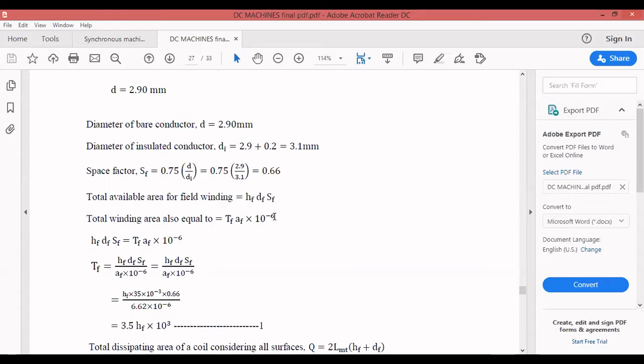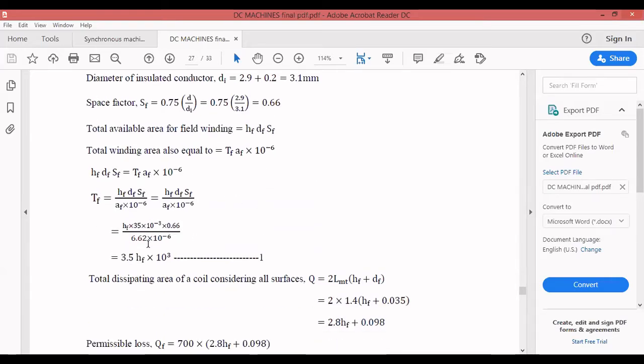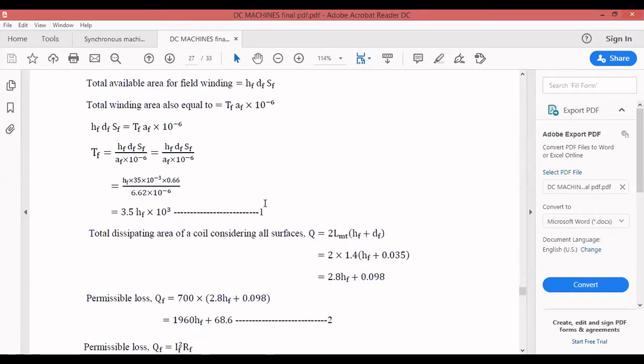Once again, you equate Hf Tf SF to Tf Af into 10 power minus 6. Then what do you calculate here? Tf is equal to 3.5. Substitute all the values here. Hf is not given, df is there. Depth is given as 35 mm, converted into meter. SF is 0.66. Substitute here, and you get 3.5 Hf into 10 power 3. This is your equation 1.